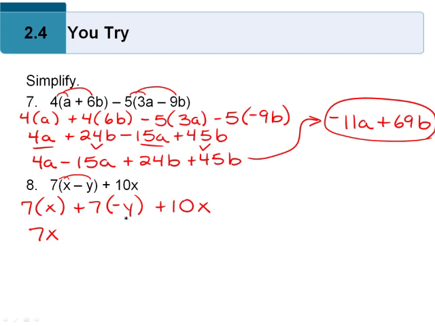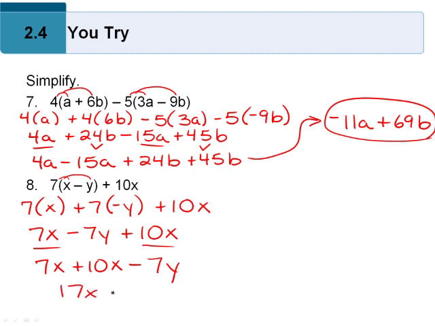A positive 7 times a negative y is going to be a negative 7y, and a positive 10x. So you've got like terms here with the x's. So 7x plus 10x minus 7y. We're just grouping them together. So 7x and 10x gives you 17x minus 7y.